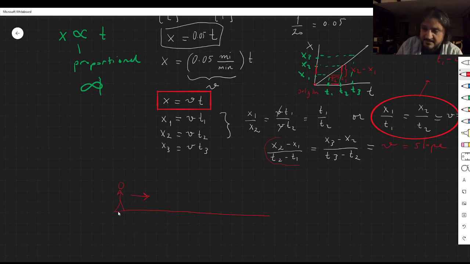And the numbers along this line are my x values: x1, x2, x3, x4, etc. I'm just going to put the general x here representing distance. x1 doesn't have to be 0. It can be any number.